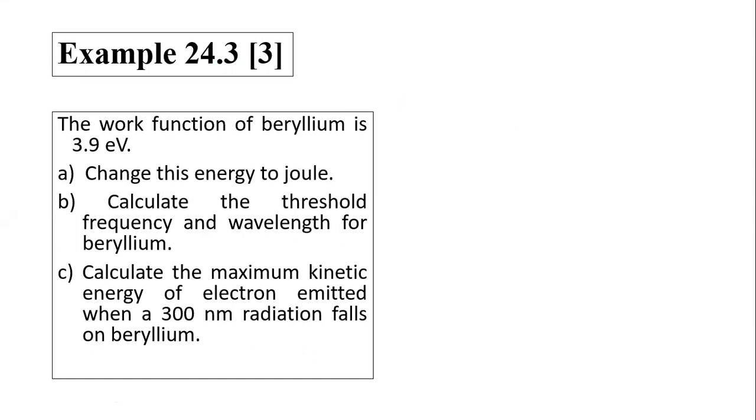A given work function, convert it to joule. 6.24 times 10 to the power negative 19 joule, teacher. Okay, good.